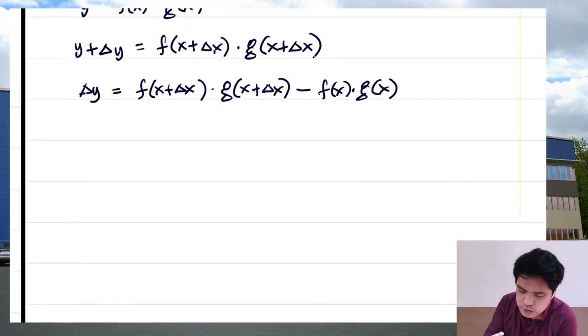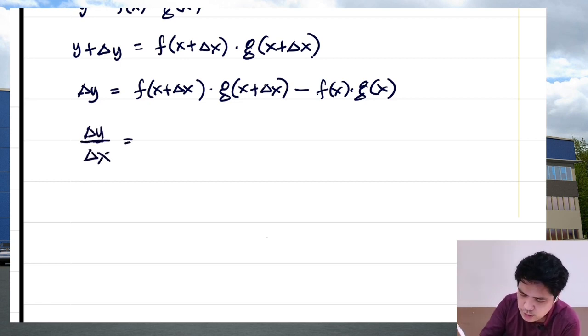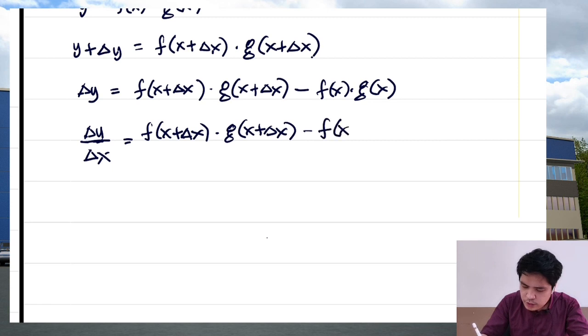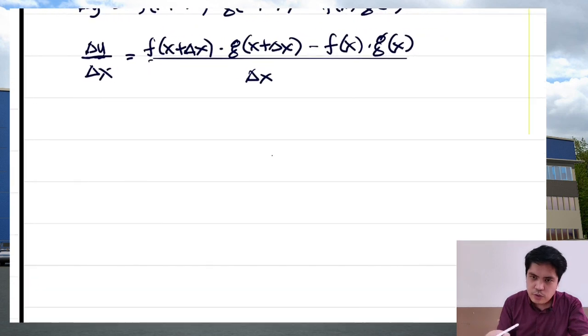Okay, so if we divide both sides by delta x, this will become delta y over delta x equal to f of x plus delta x times g of x plus delta x minus f of x times g of x, divided by, of course, delta x. So if we take the limit of both sides, then that will give us the value of the derivative.